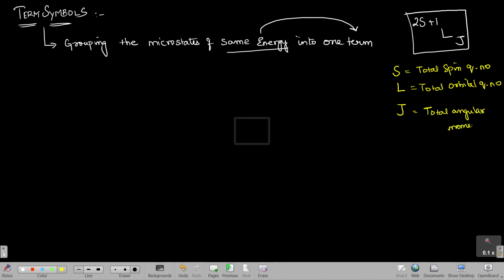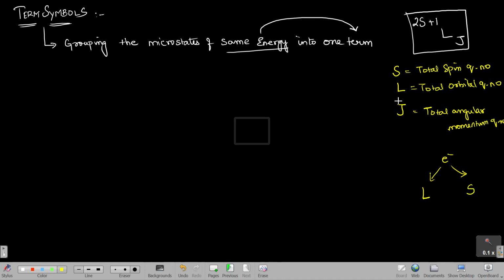Whenever an electron moves, it can make two types of motion. One is it can move around its own axis, the other is it can move around the orbital. Whenever there is an orbital motion, you have the orbital quantum number, and whenever there is a spin motion, you have the spin quantum number, that is S.